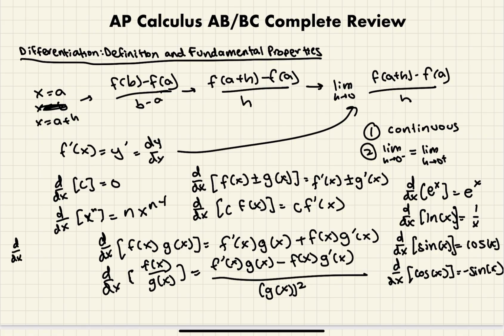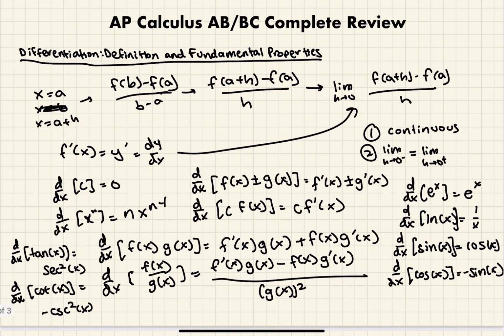So derivative of tangent of x is equal to secant squared of x. Derivative of cotangent of x is equal to negative cosecant squared of x. So you see kind of a pattern. It's just going to be the negative, and then you take the cofunction of whatever function. So if this was cosine, the cofunction of cosine is sine, and so you just take the negative of that.